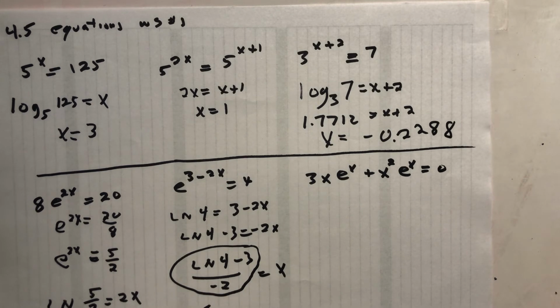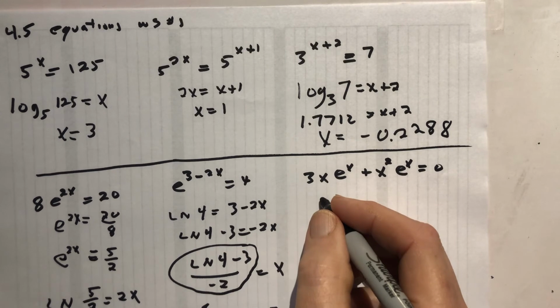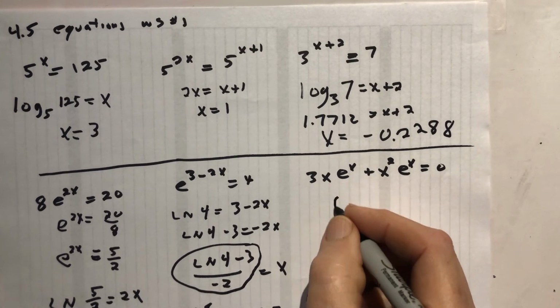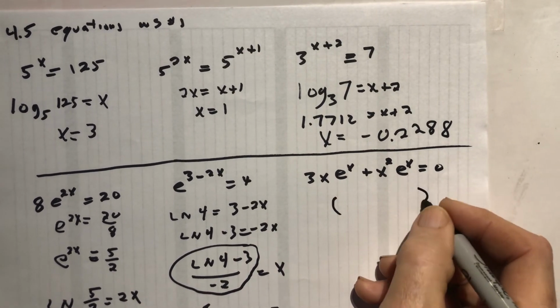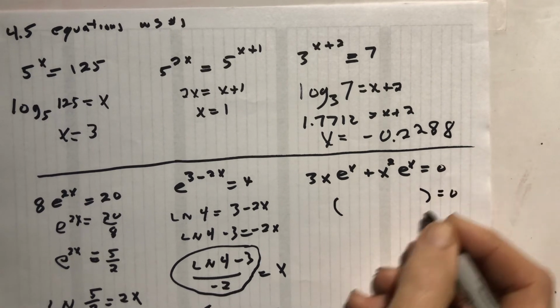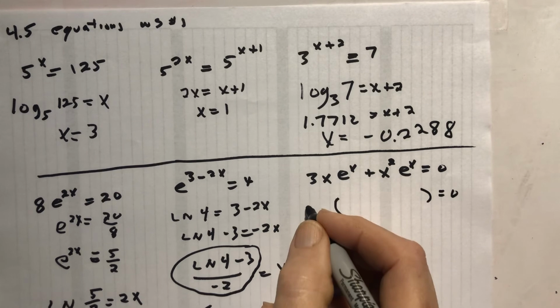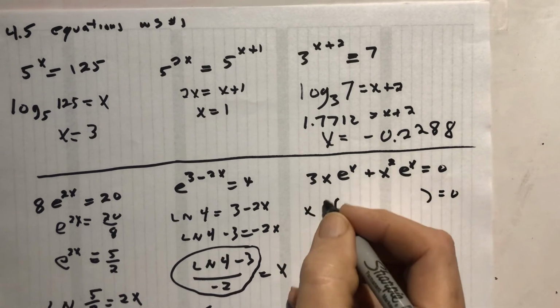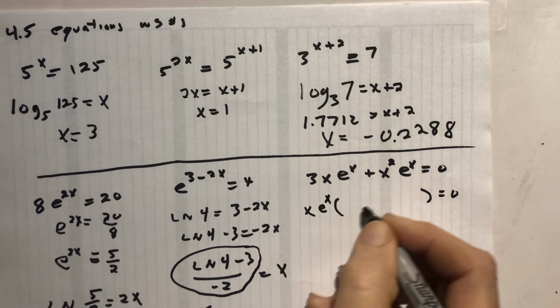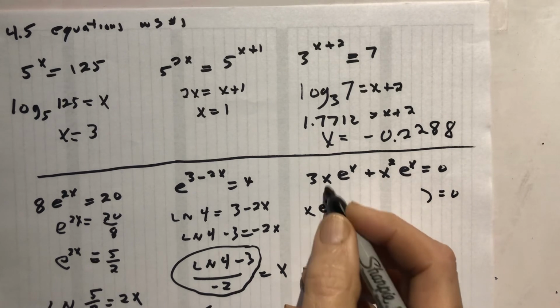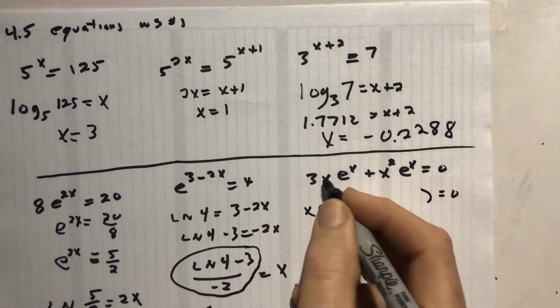This last one looks like a doozy, but it's actually pretty simple. We need to see what's in common. There's not a 3. There's an x in both of them. And there's an e to the x in both of them. So when you take out the x and the e to the x, we're left with a 3.